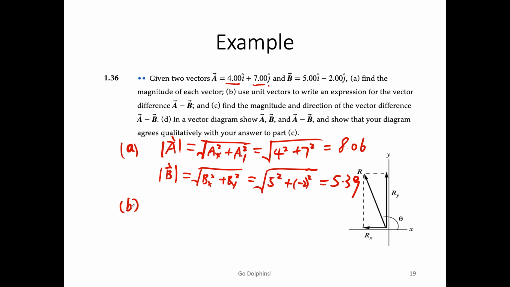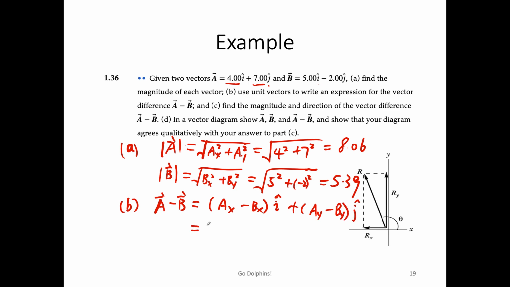And for part B, express vector A subtract B. So let's see, A subtract B is ax subtract bx i plus ay subtract by j.